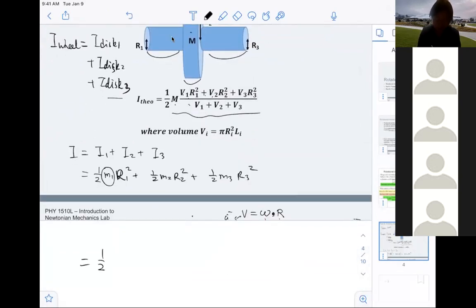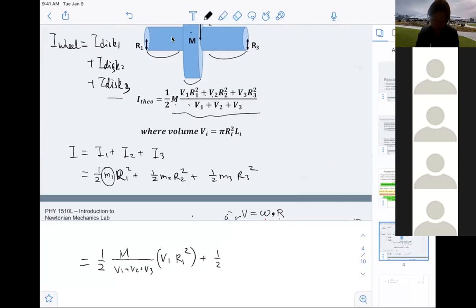So M1 is the overall mass divided by the overall volume, times V1 R1 squared.